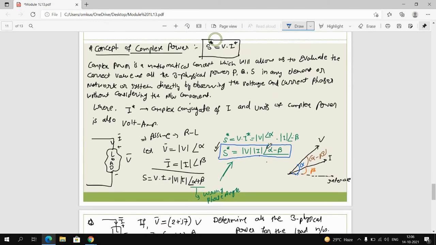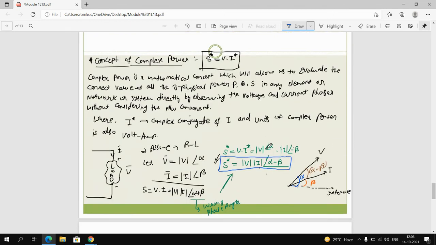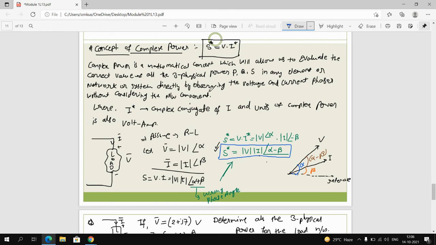Now this concept of complex power. Now when you see the circuit, if any one quantity is given in the complex form, then your power is nothing but the VI. For example, a load is given to you, and complex current is flowing through that element.